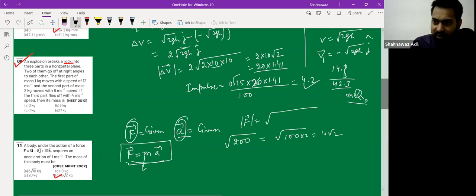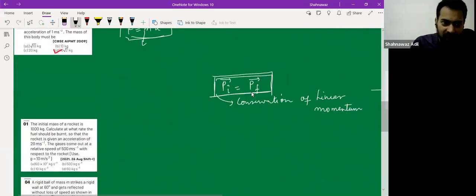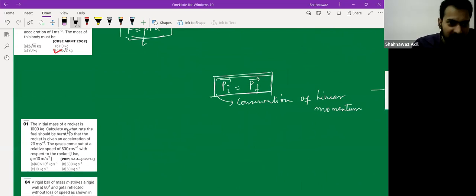Okay, now let's do the other question. The initial mass, this problem. Rocket and propeller problem. As I have told you earlier, in the rocket system you have to use the second part also.